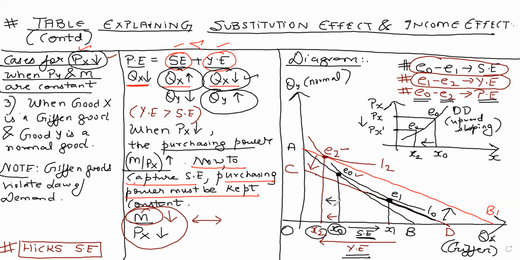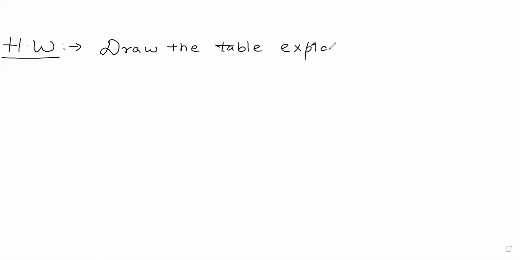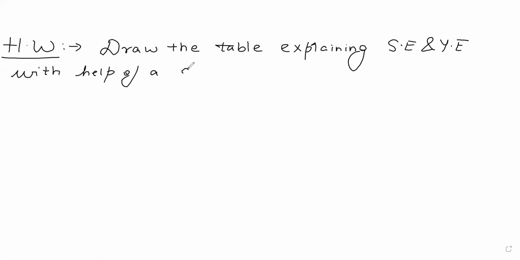Okay. Now this is where I intend to stop. Homework for all students for this particular lecture. Draw the table explaining substitution effect and income effect with the help of a diagram for the following case.